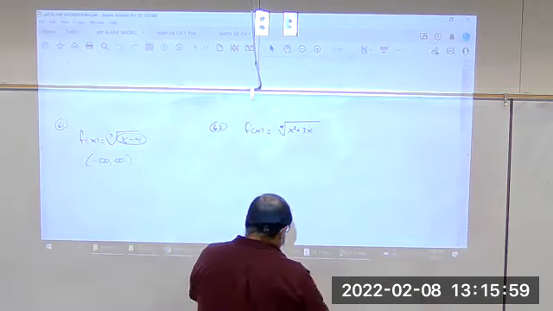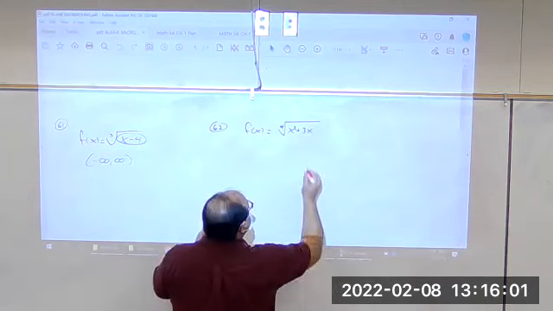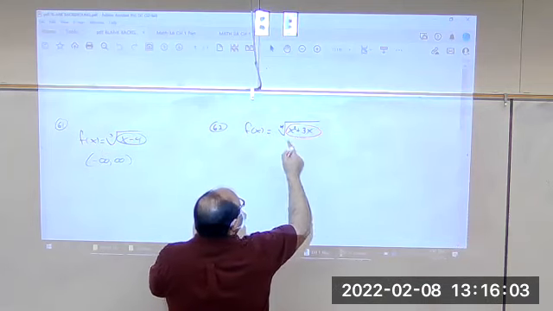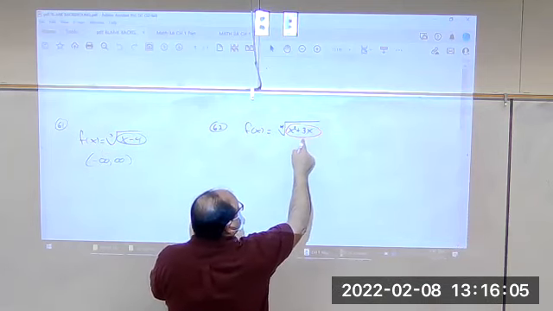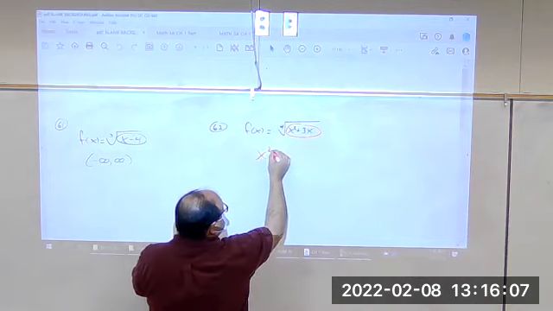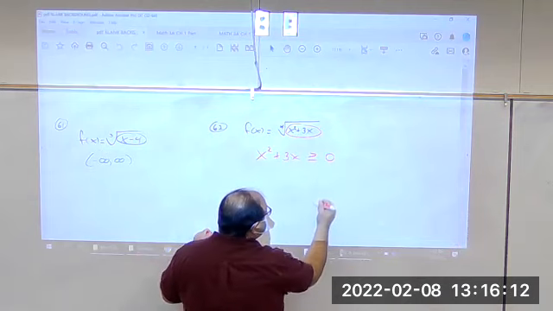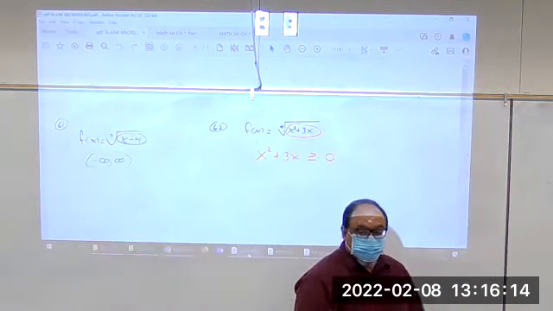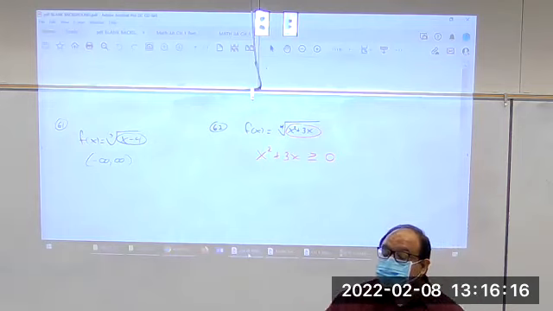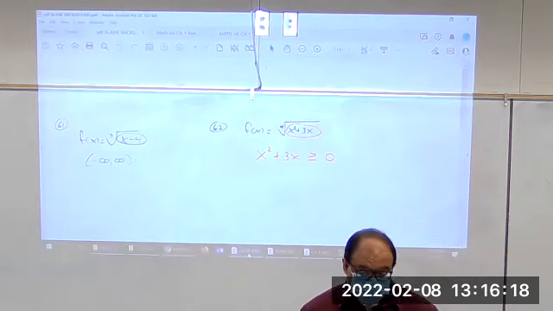So that means the inside cannot be negative. It has to be non-negative. Non-negative means x squared plus 3x has to be greater than or equal to 0, which is a completely different kind of question than the last one.